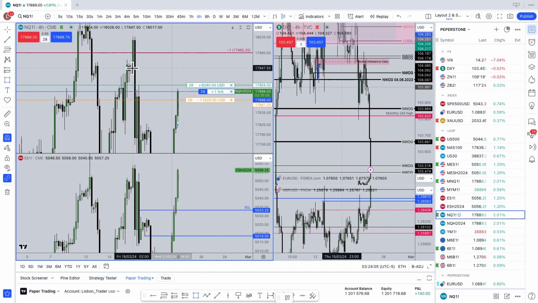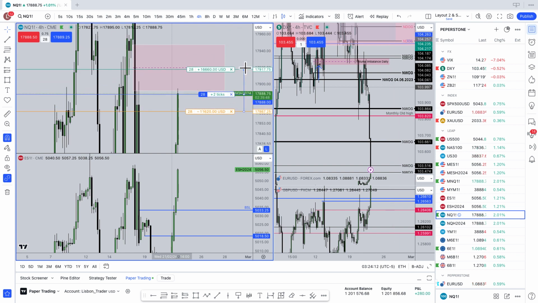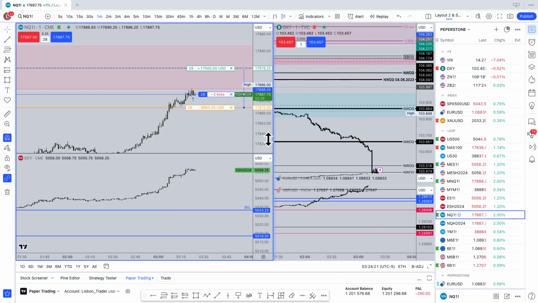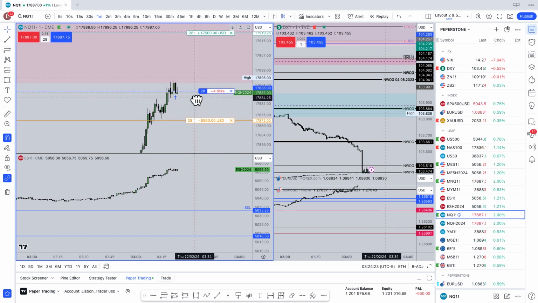There's this volume imbalance. We could even run it up to consequent encroachment for an easy 17k win. So let's see how it goes today.